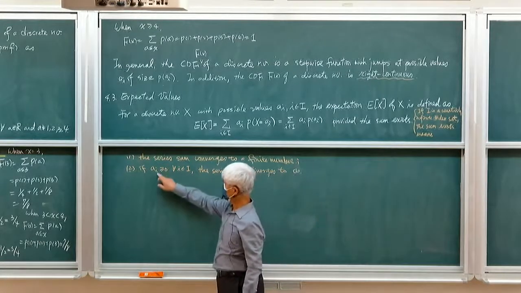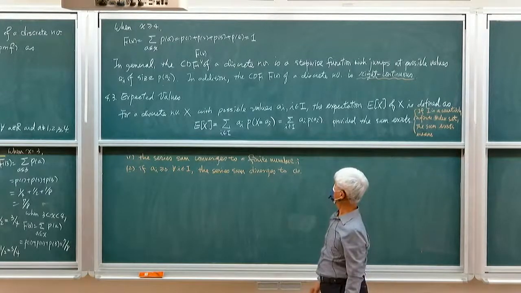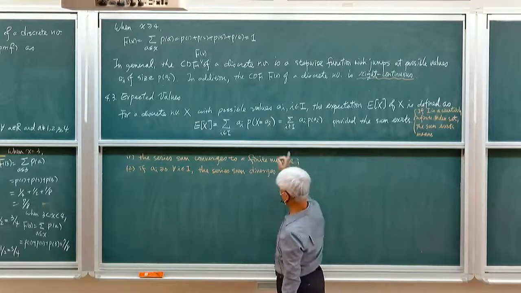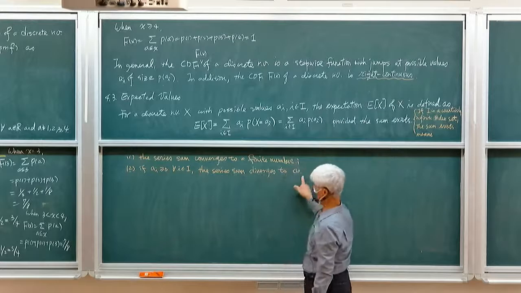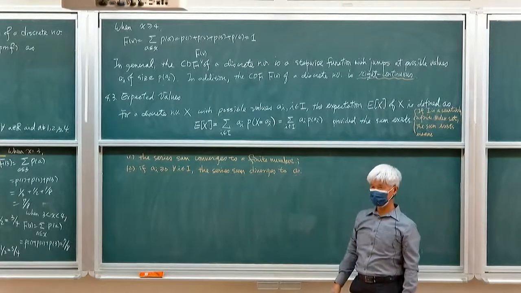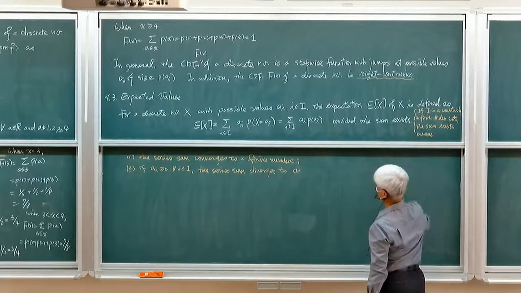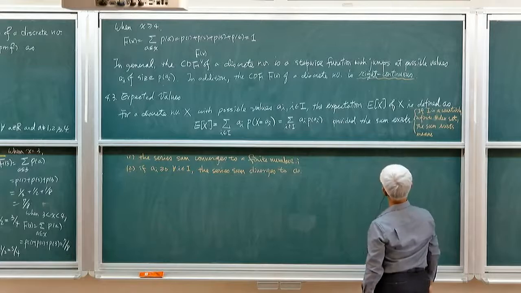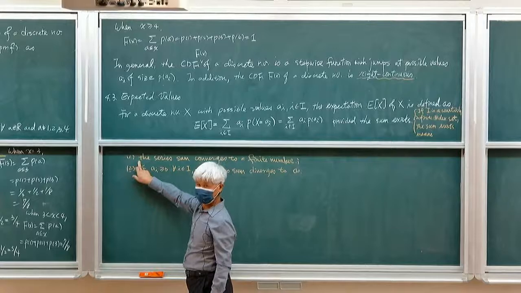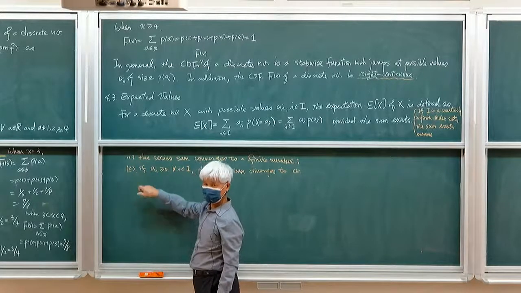If all the possible values are non-negative, then of course this sum should be non-negative, but it is possible the series sum diverges to infinity, unbounded. So existence means not only the first sense, but also the second sense here.